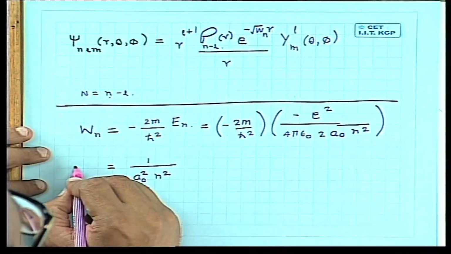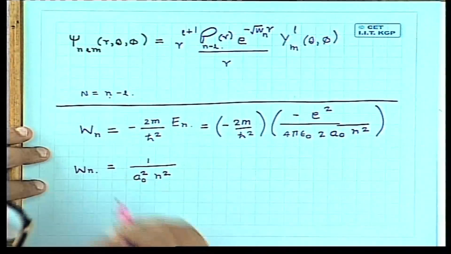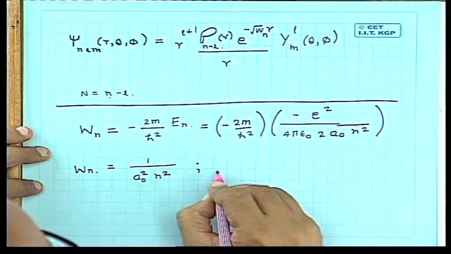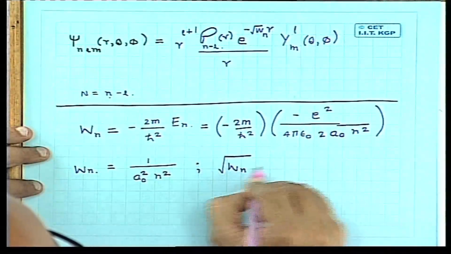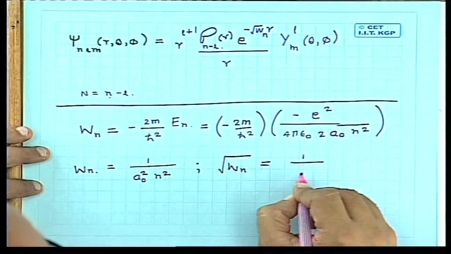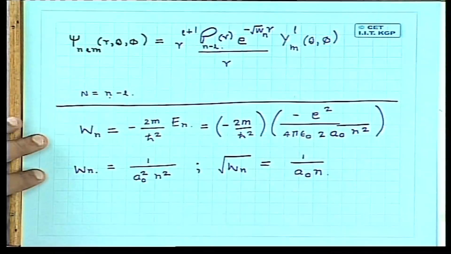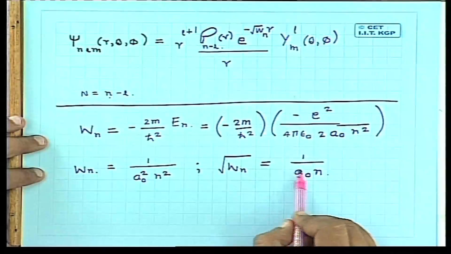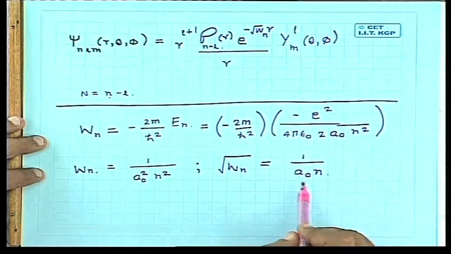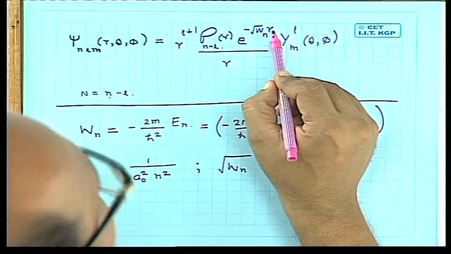This is W_n, and the square root of W_n is equal to 1 by a naught n, which is what we would expect, because a naught is of the order of a length scale, and here also r is a length scale.